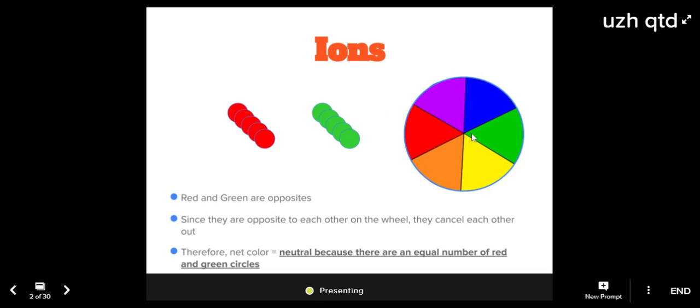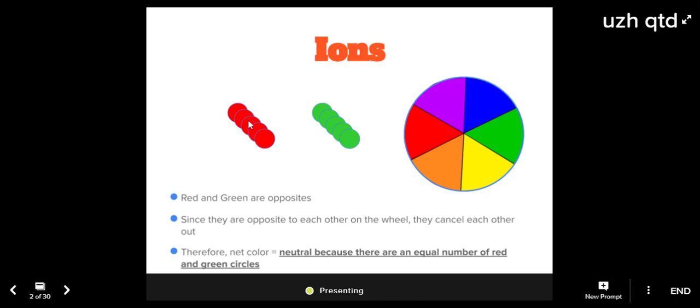So that is what the color wheel shows us. We're using these dots to represent the same thing. Red and green are opposites. Because they're opposite to each other on the color wheel, they cancel each other out. Therefore, the net color would be neutral, because in this instance there are an equal number of red and green circles.